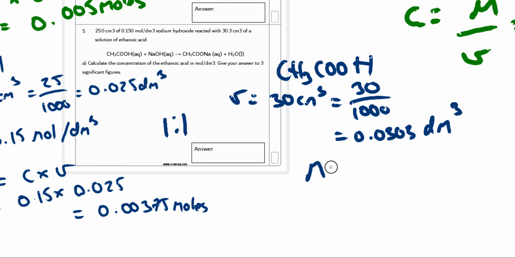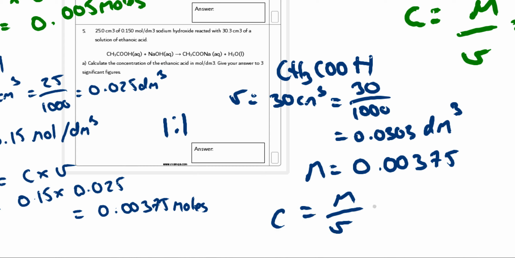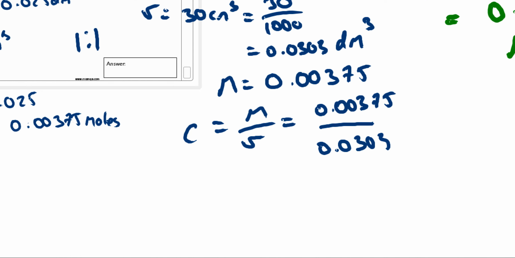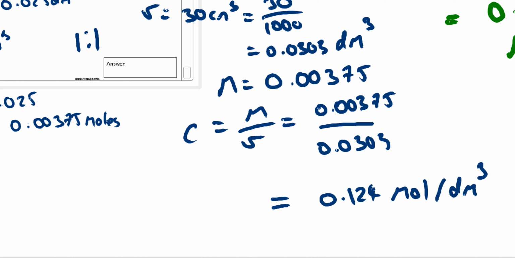So therefore the moles of CH3COOH is 0.00375, and then the concentration is equal to moles over volume, so that's 0.00375 divided by 0.0303. Plugging that in, it's equal to 0.124 moles per decimeter cubed.